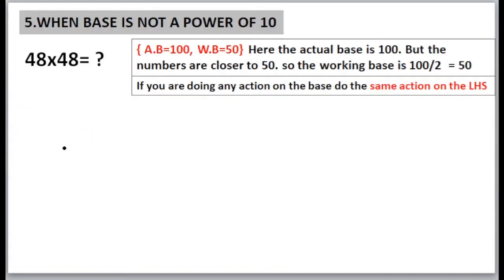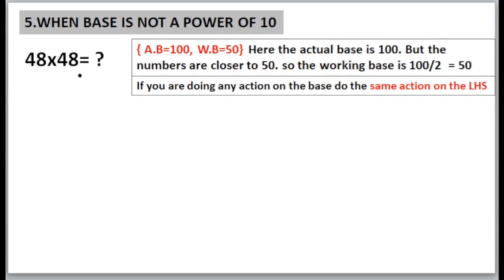Next is the fifth method. This is our last method, when the base is not a power of 10. Here you can see 48 into 48. Both are the same number, but it is not closer to 10 nor closer to 100. If the numbers are nearer to a power of 10, it will be easier to calculate the result.